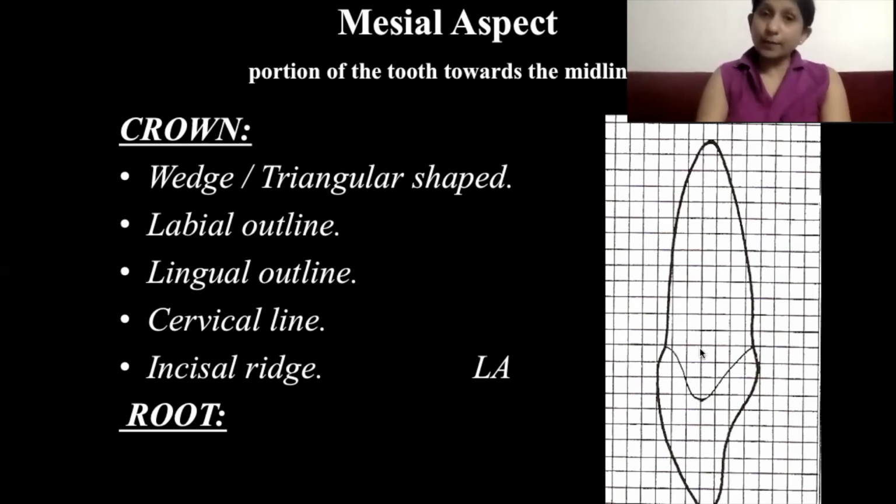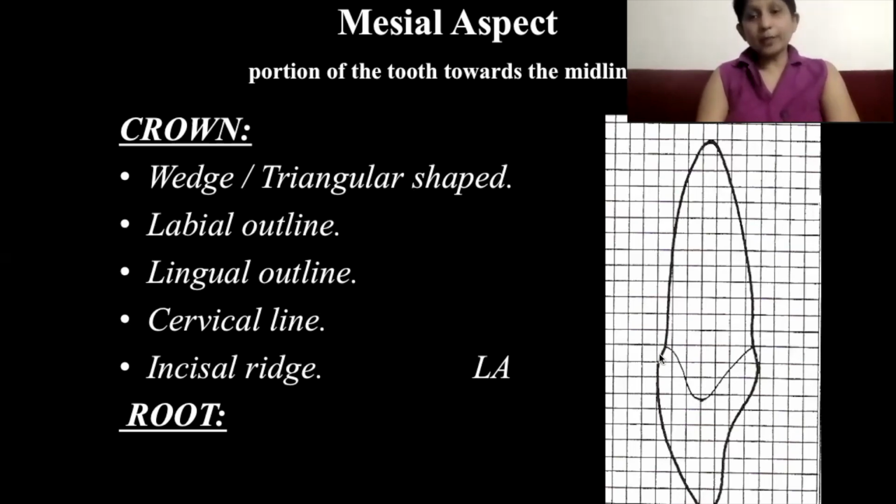Whereas it was just the opposite in your buccal aspect and your lingual aspect. So that is a major difference in the cervical line between the proximal aspects and the buccal and lingual aspects. If you draw a straight line here, you can actually measure the dip of the cervical line. The dip of the cervical line in the mesial aspect is more, and that is less on the distal aspect. So that's how you can compare and contrast the mesial aspect from the distal aspect.